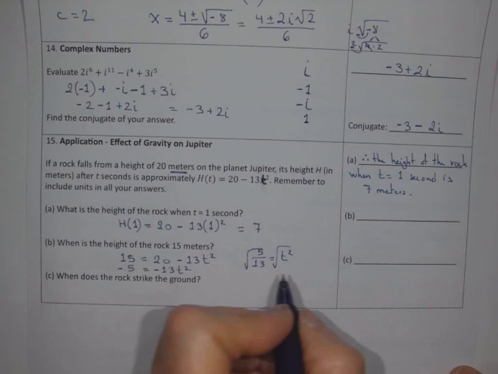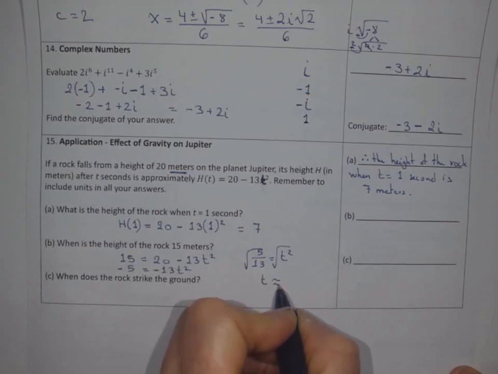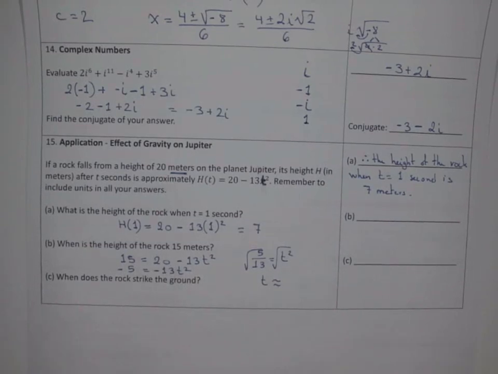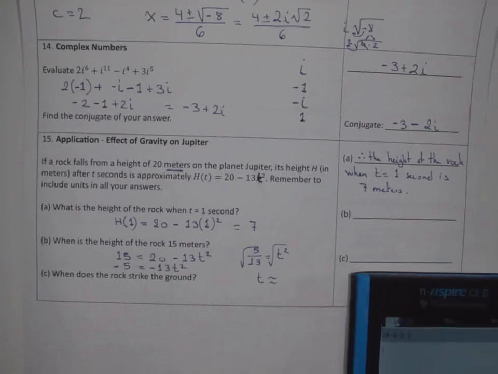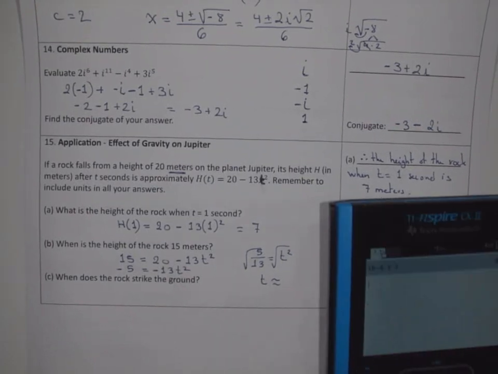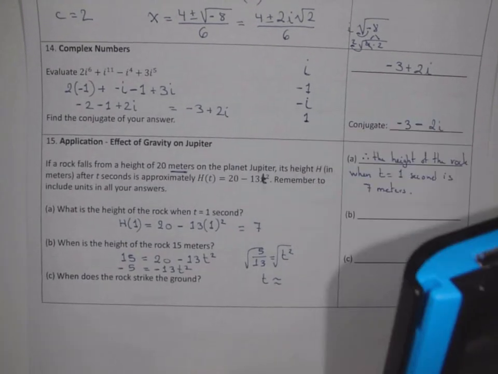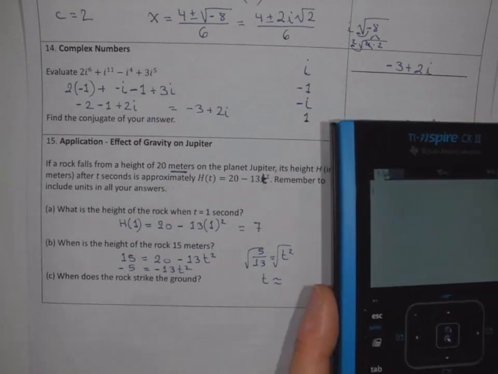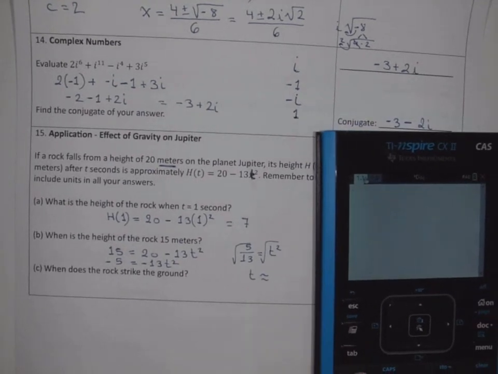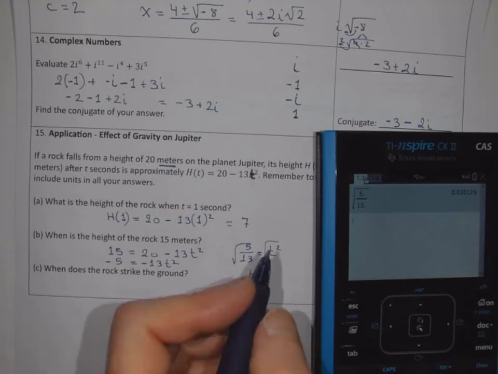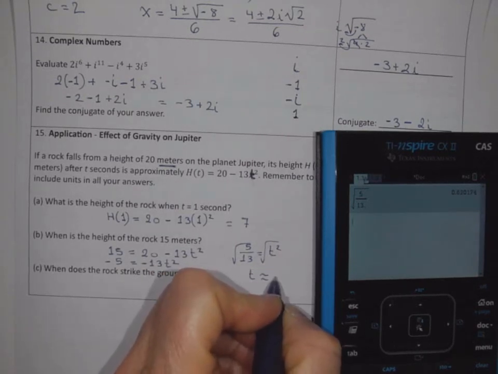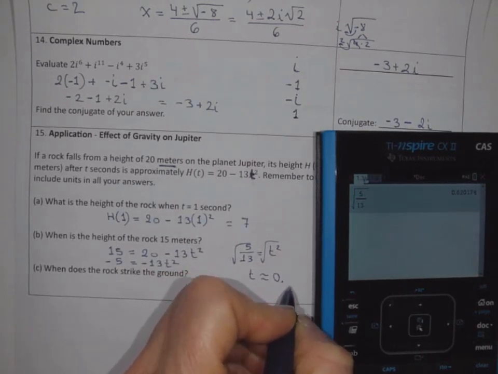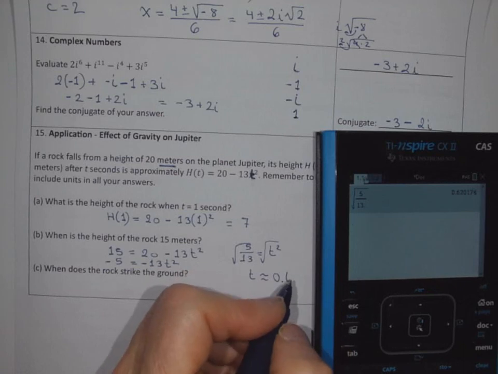and then we will take a square root on both sides, and t will be about, let's take the calculator for that one, and the calculator is going to tell me, let's see, about, and we're going to go 3 digits after the decimal, so about 0.620.